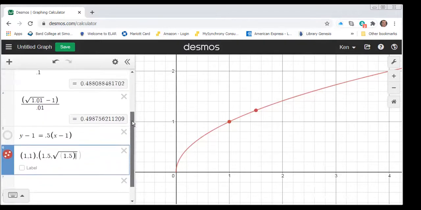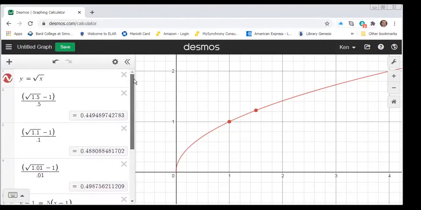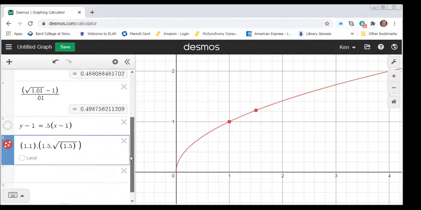And the slope of the line between them was this, right? I just copy and paste that.